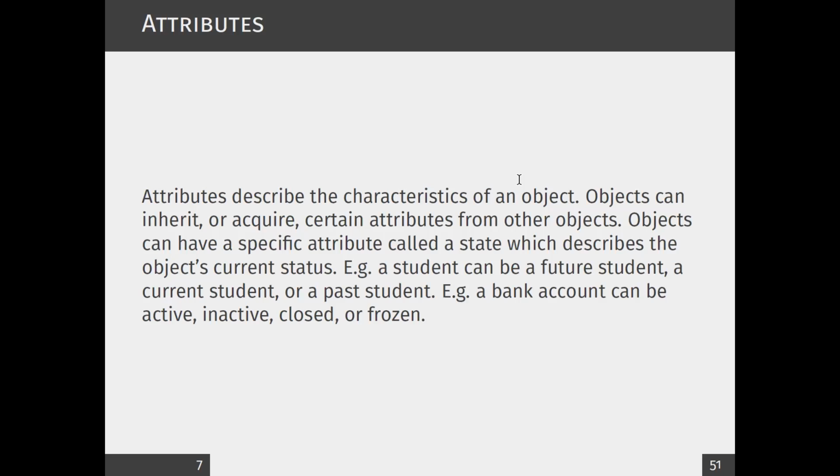Then each object has what we call the state. So for example, if you take a student in the university, we have a future student, a current student, a past student, and so on. Similarly, if you take a bank account, it can be active, inactive, closed, or frozen.